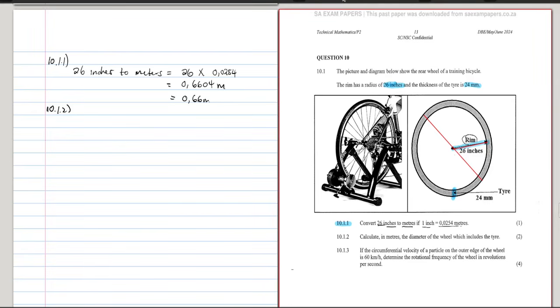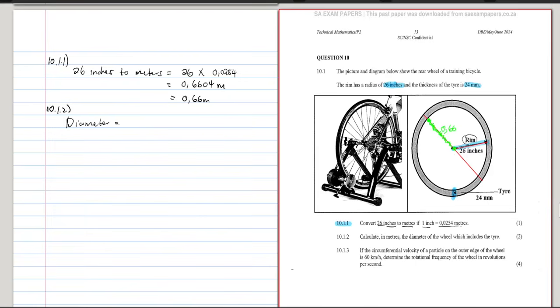So to calculate the diameter in this instance, we're going to say diameter is equal to, let's calculate it like this. From here all the way to the center, we know that to be 0.66.